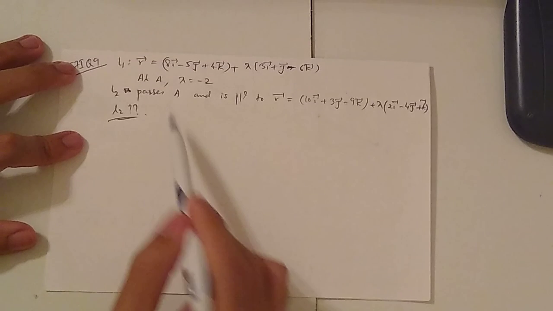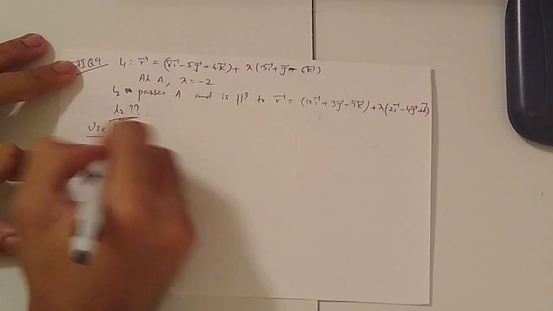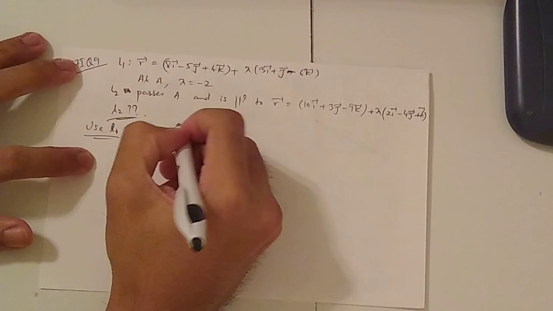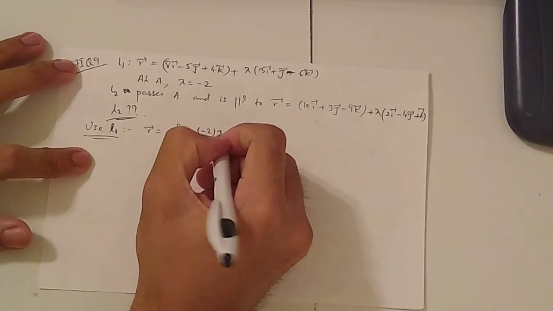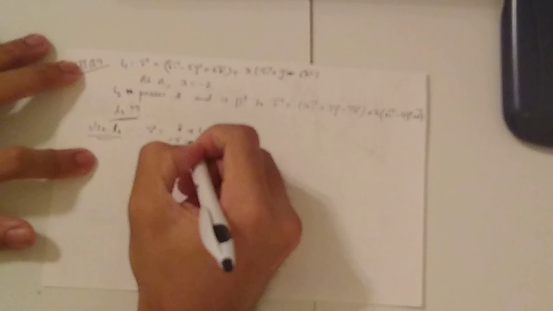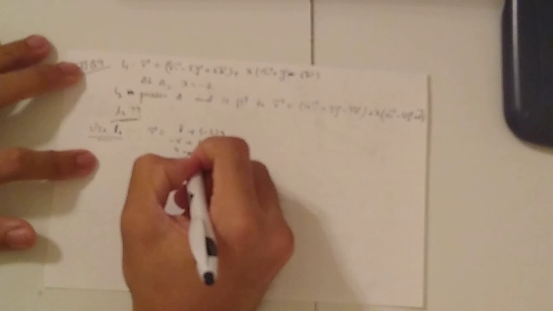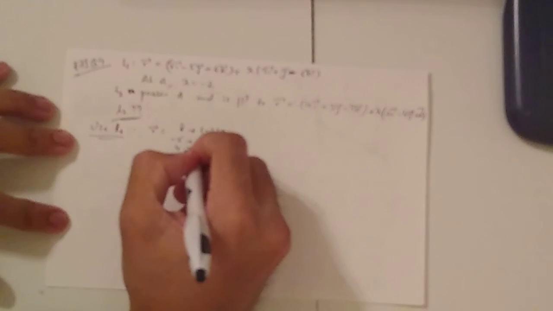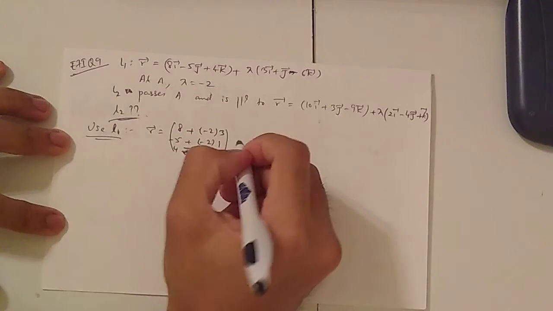So let's use the first line. If lambda equals minus 2, in that case r is going to be equal to 8 plus minus 2 times 3, minus 5 plus minus 2 times 1, and 4 plus minus 2 times minus 6.